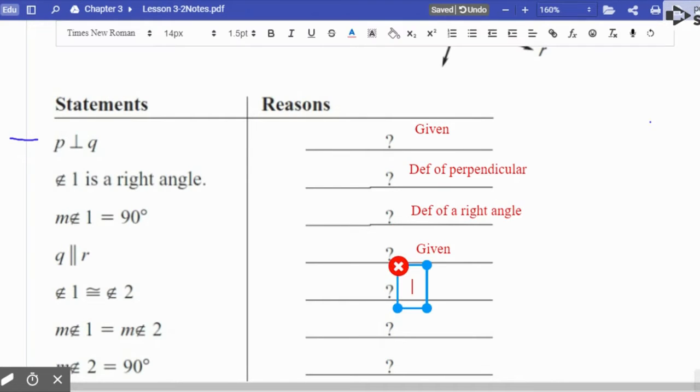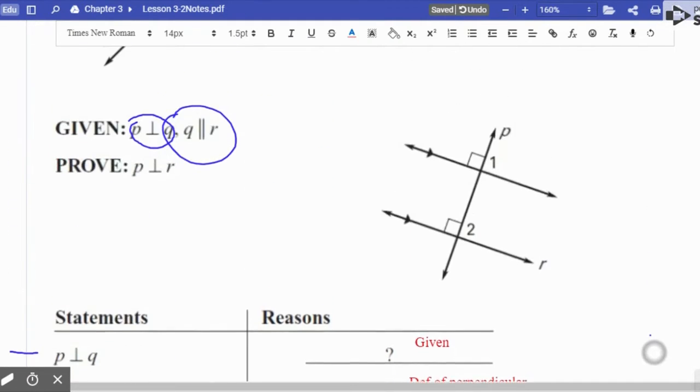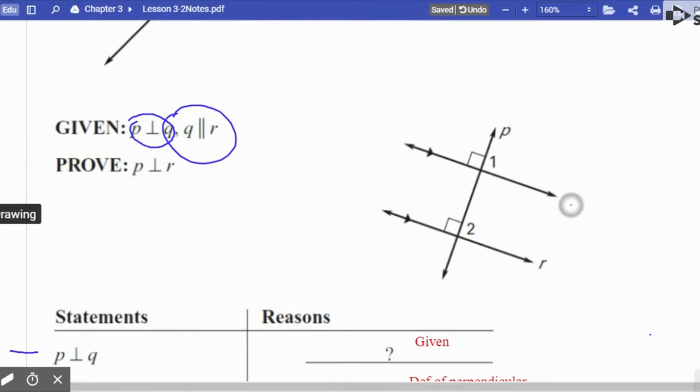Now, since I know Q is parallel to R, look at the diagram. This is line Q, by the way. Line Q is parallel to line R. Well, if line Q is parallel to line R, what kind of angles are angle 1 and angle 2?